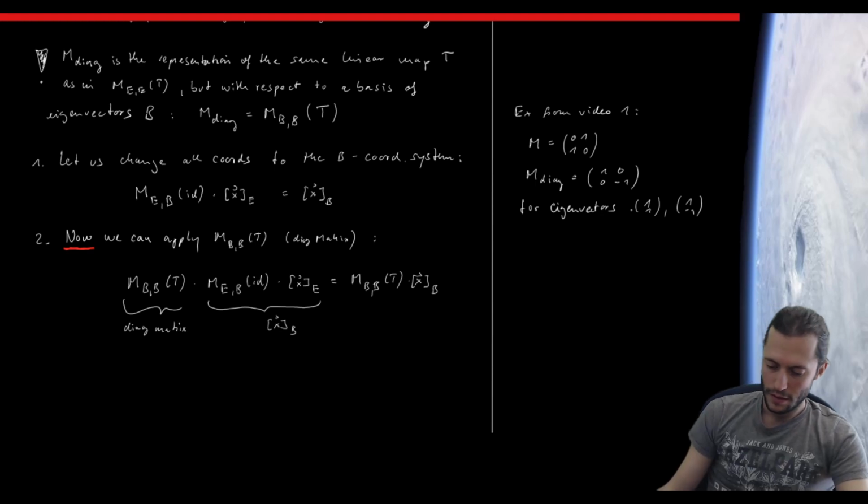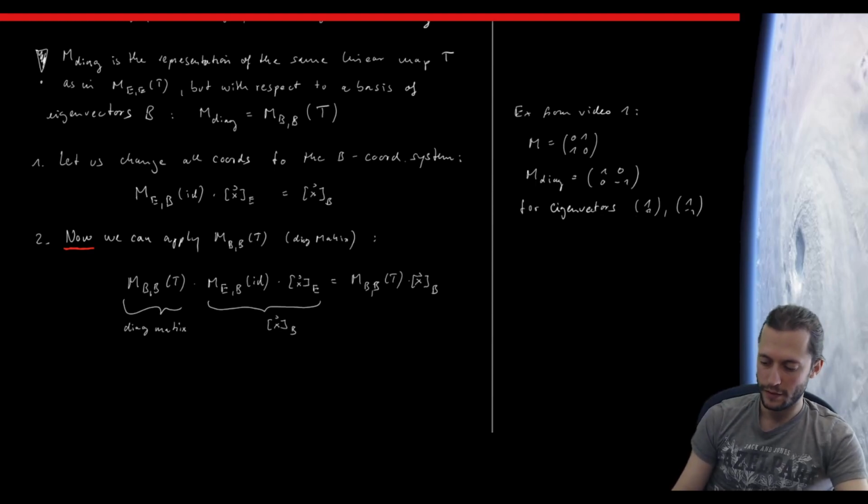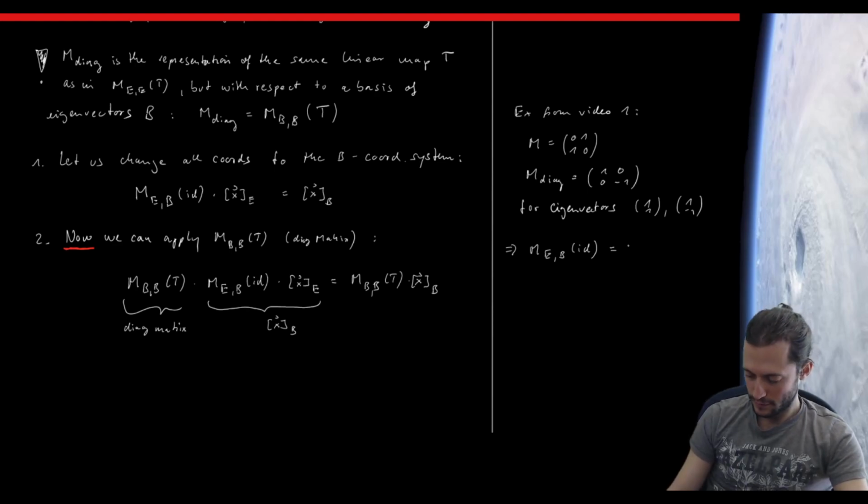Now, if this is the new basis, and the old basis is the standard basis, then we can right away define MEB to be, that's what we know already, the inverse of this matrix. And this one, B to E, was just writing the new basis vectors in columns.